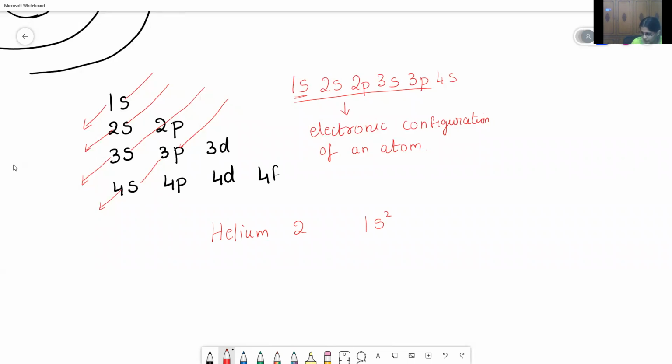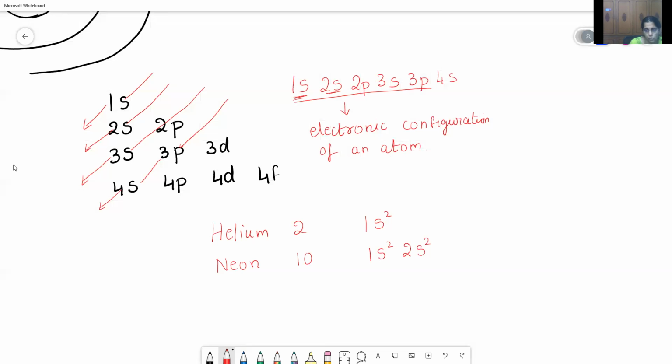Next we have neon, whose atomic number is 10, so it has 10 protons and 10 electrons. You need to fill 10 electrons in these orbitals. First 1s gets filled with 2 electrons, its maximum. The next one is 2s, which can also accommodate only 2 electrons maximum.